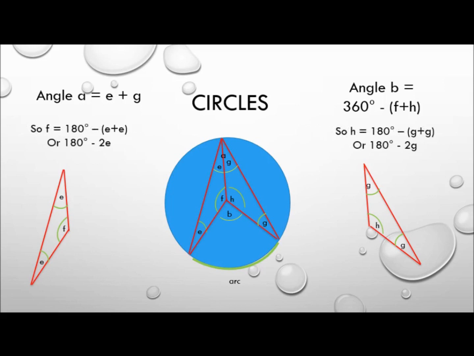So angle F is equal to 180 degrees minus the sum of E plus E, or 180 degrees minus 2E, and angle H must be 180 degrees minus 2G by the same reasoning.